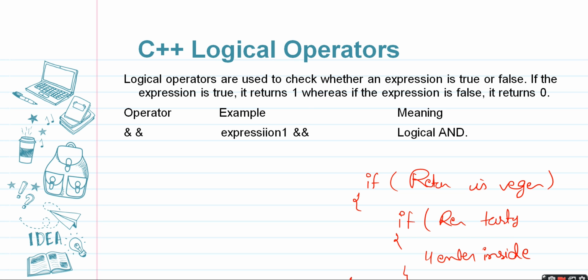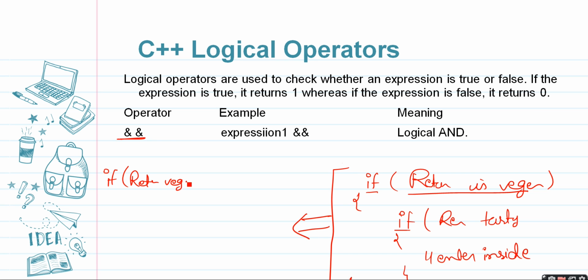So we have two conditions, and for two conditions I have used two if statements. But this code can be reduced to only one if statement. How? If we have two or more conditions, I can simply apply this AND operator. I will write something like this: restaurant is vegetarian, which is going to return 1, not true or false. It is going to return 1 for true.